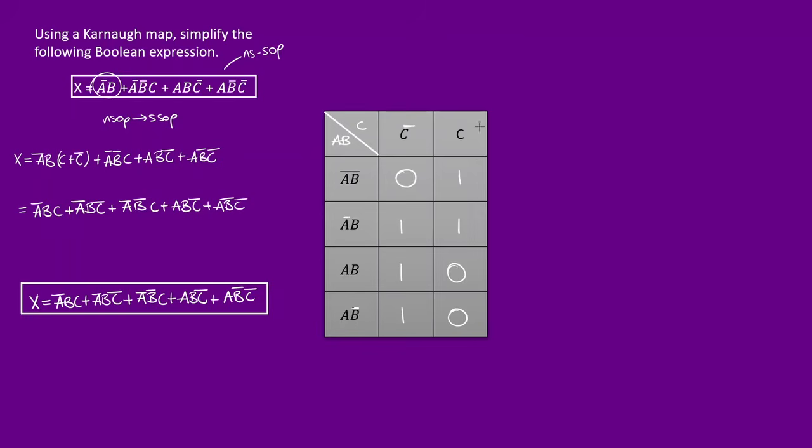So this wraps around this way. This also wraps around this way. So it's sort of a cylinder. You can think of Karnaugh Maps as cylindrical. Let me see if I can draw it.